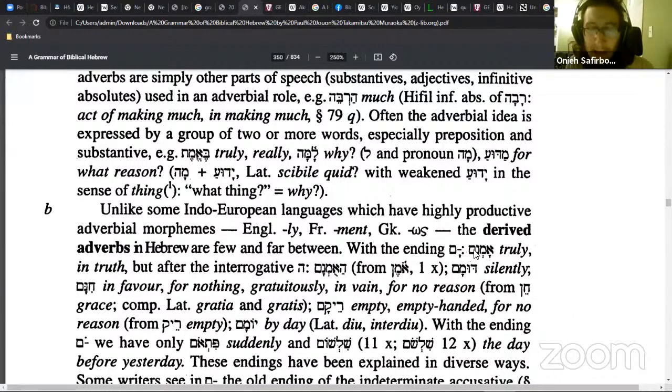But you add mem at the end and it makes it truly or in truth. Same thing for silent. It's Dalet Waw Mem, but you add mem at the end, it becomes silently. Favor or grace is Het Noon, but you add mem at the end, it makes it into an adverb.